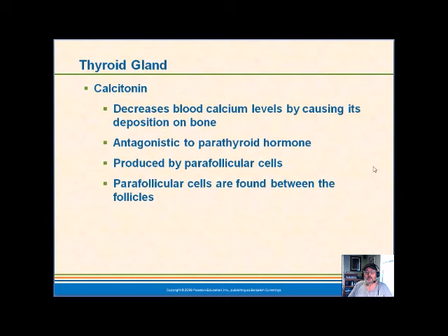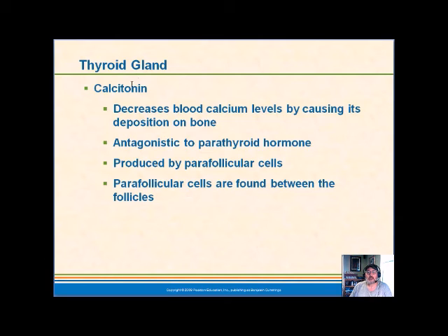Now, calcitonin decreases blood calcium levels by causing it to be deposited in bone. This is just one factor associated with bone deposition, by the way, because calcium metabolism is very convoluted. It requires a lot of specialized situations.